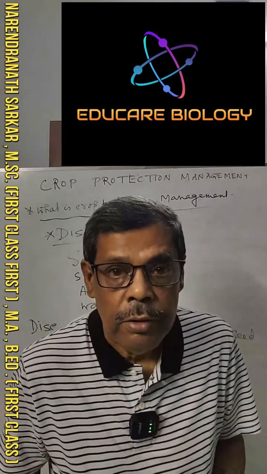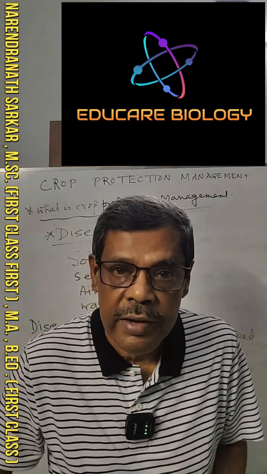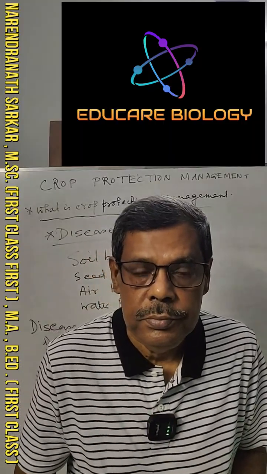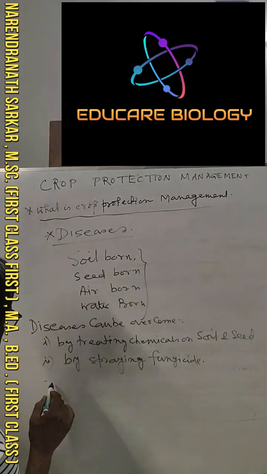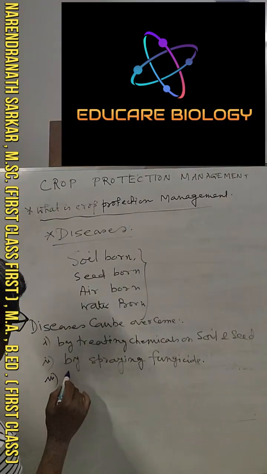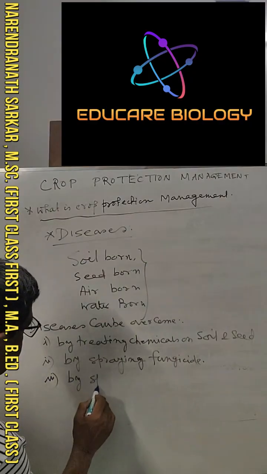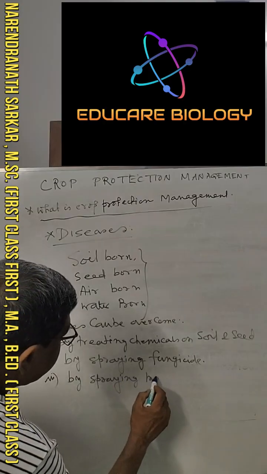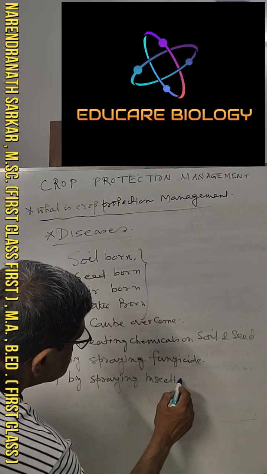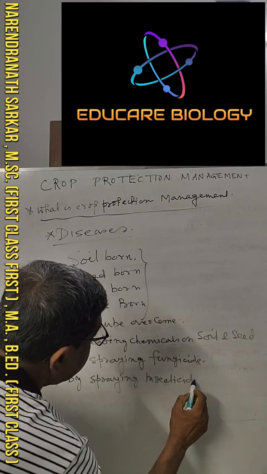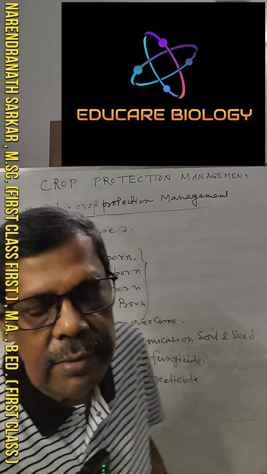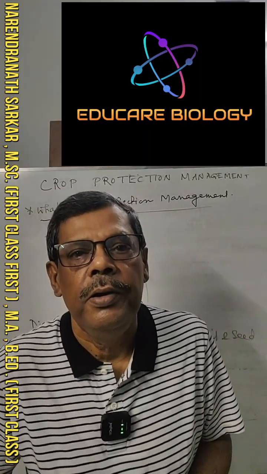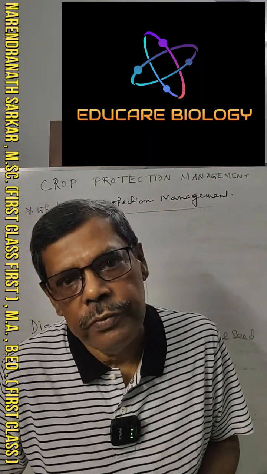Bordeaux mixture should be the first fungicide to be sprayed. Number three, by spraying insecticides like parathion, malathion, lindane, etc., which can be sprayed regularly.